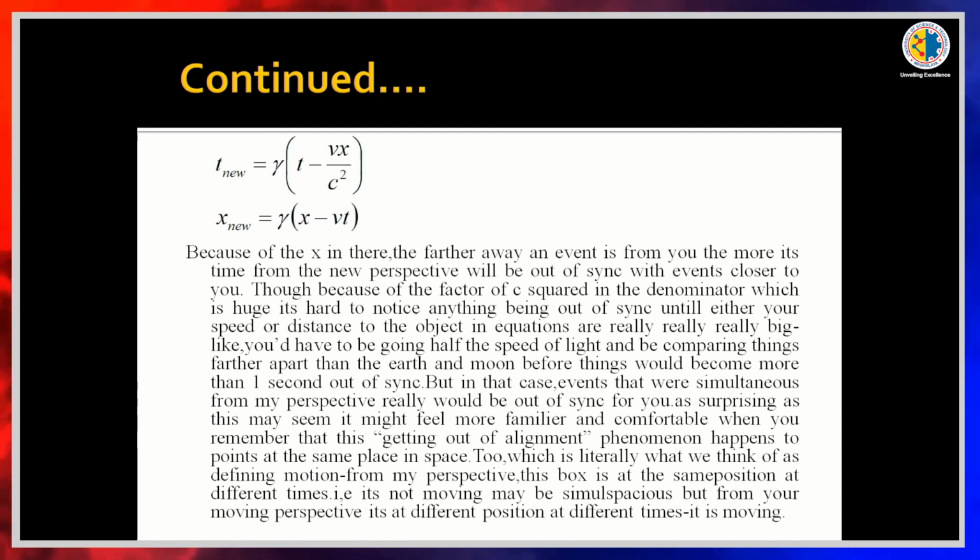You would have to be going half the speed of light and be comparing things further apart than the earth and the moon before things would become more than 1 second out of sync.